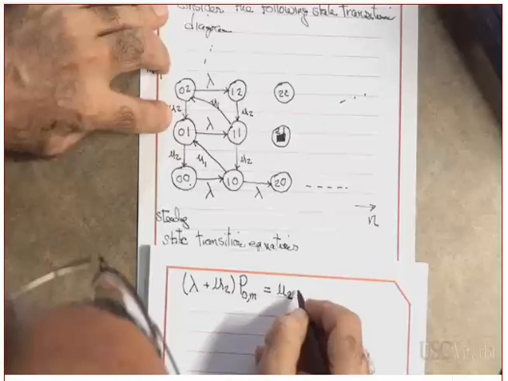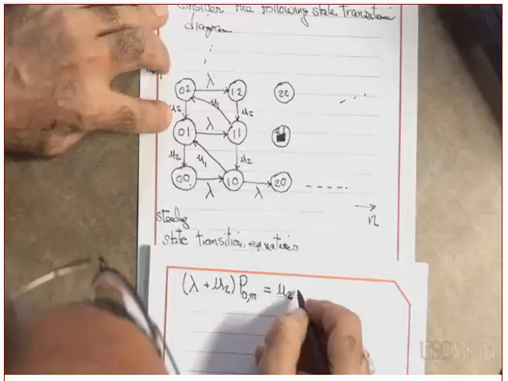So pick any node in the middle. How many outgoing? No, this one is outgoing. How many incoming? There is one in here, and there is one in here. Let's begin with incoming. It's lambda. It's coming from this side.